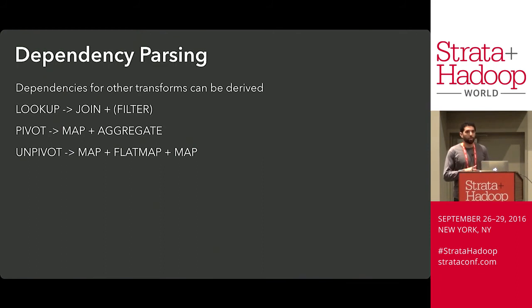For instance, lookups will have the same dependencies as if you translated it to some type of join. Pivoting data can be translated into a map and aggregate, and so on. So you can get the richness of transformations by implementing just a small handful. And that allows you to quickly port these same types of visualizations onto other types of languages.